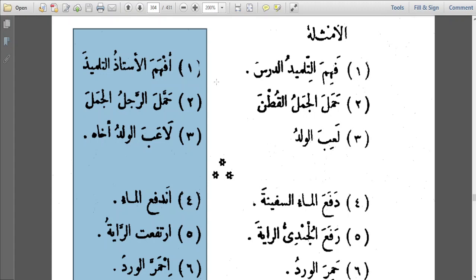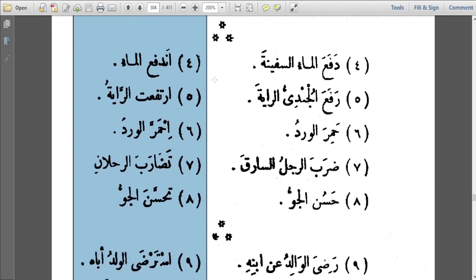How can the meter become when a letter is added? It can become af'ala. From fa'ala you can have af'ala. From fa'ala you can have fa'ala. From fa'ala you can have fa'ala. La'aba. Fa'ala. That is when you want to add one letter. These are the three options you have.